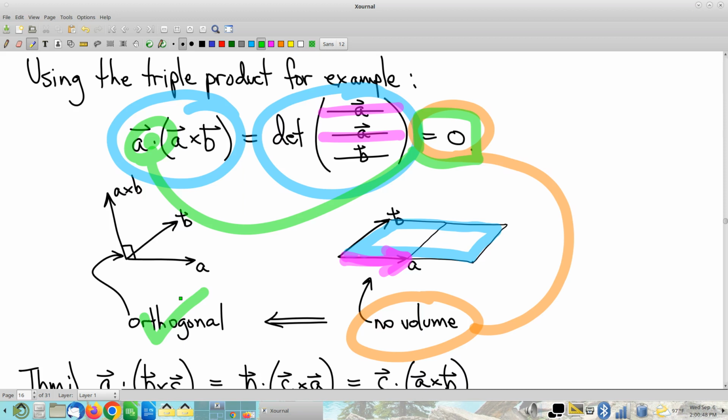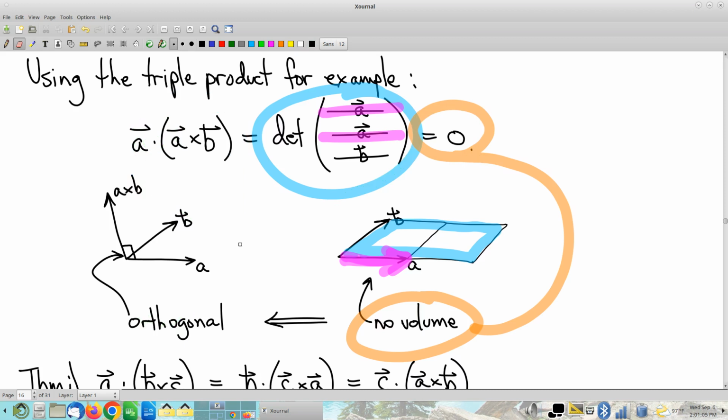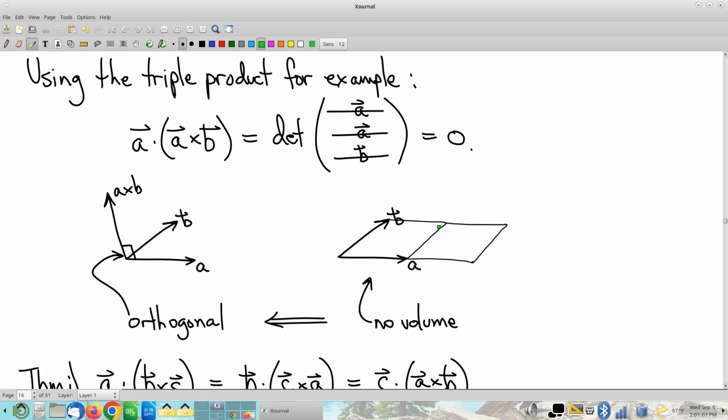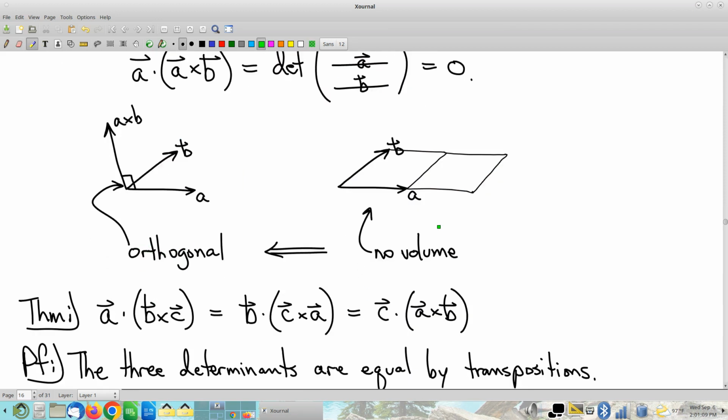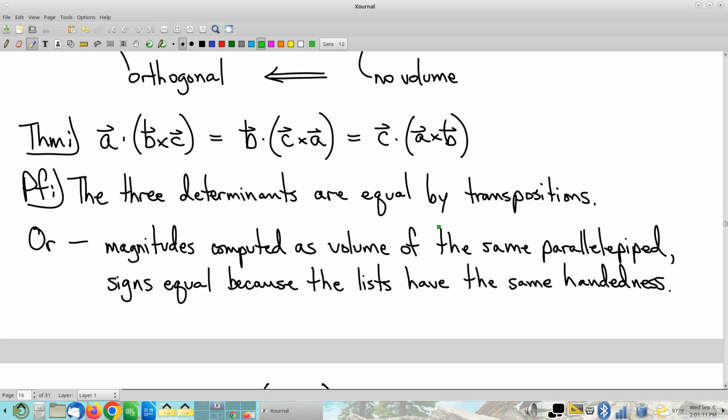So the triple product formula, as promised, allows us a geometric point of view on something that otherwise would just be kind of algebraic nonsense. So anyway, I guess I accidentally did the whole proof. Again, y'all are not responsible for these proofs, and I'm going to literally now stop talking about the proofs.